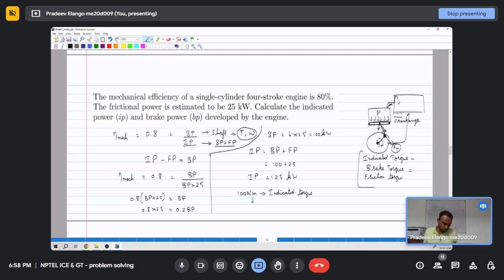Out of which 20% is lost, 20 Newton meters is lost in friction. And the torque that we feel on the shaft is only 80 Newton meters, the brake torque.